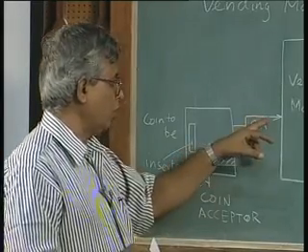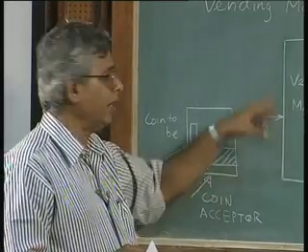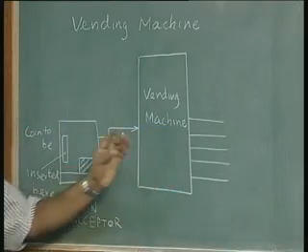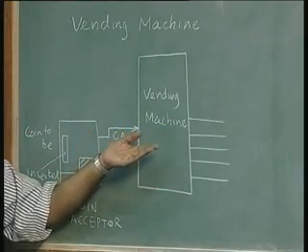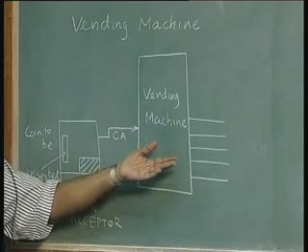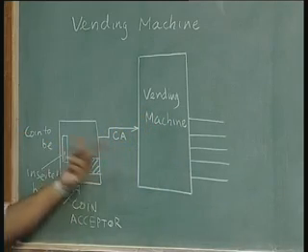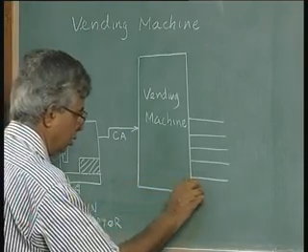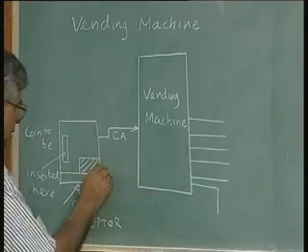And of course, once the coin is accepted, then you make a selection. When the coin is accepted and the selection is proceeding, there should be a signal back from the machine saying that it is cleared.